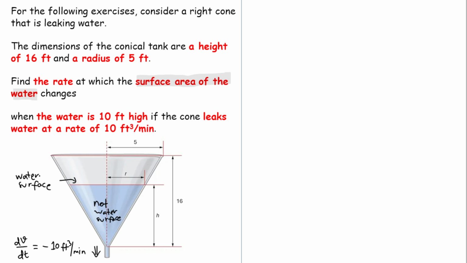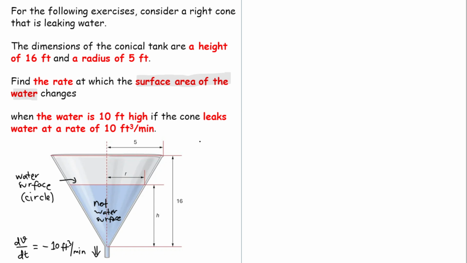So in this case, the water surface forms a circle and not a cone, right? And so we need to find the rate of change of the surface area of the water.